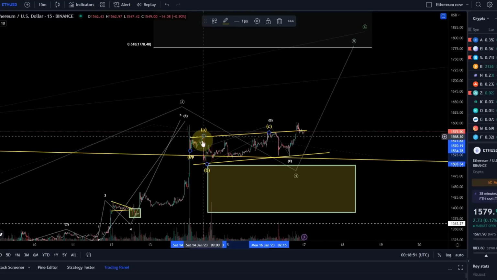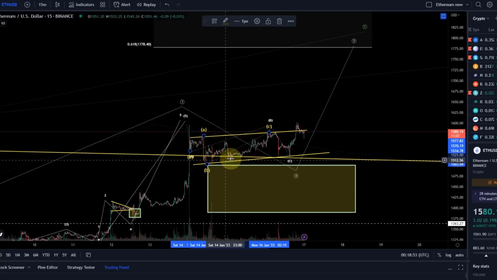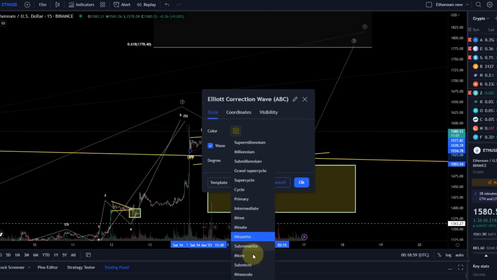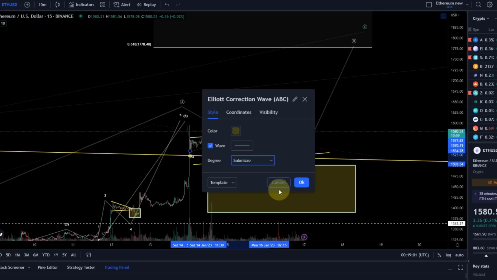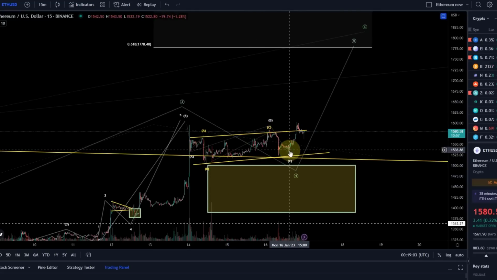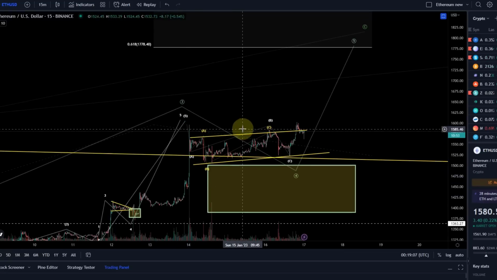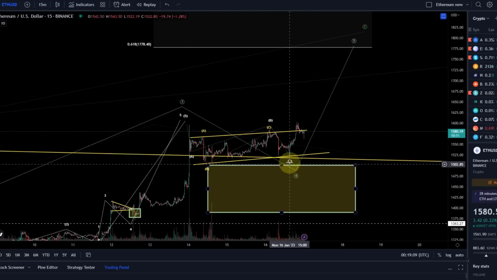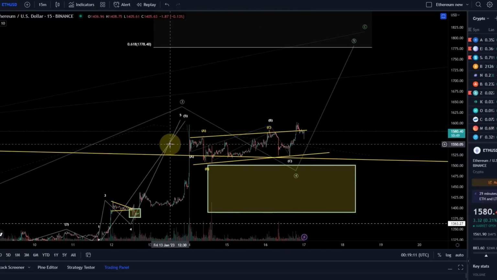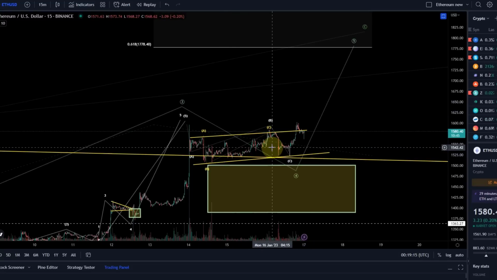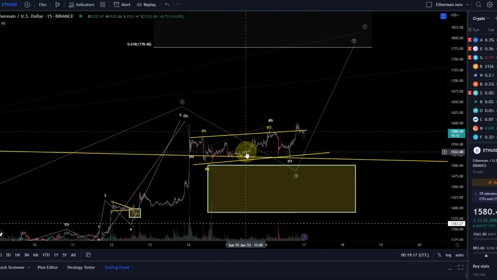This would then be an expanded flat. The B wave as an expanded flat, and the overall wave 4 as a zigzag. That's how I can make sense of it. That would allow structurally for this wave 4 to be over. Right, quite a complex correction, quite messy. Let's see if it's over now.